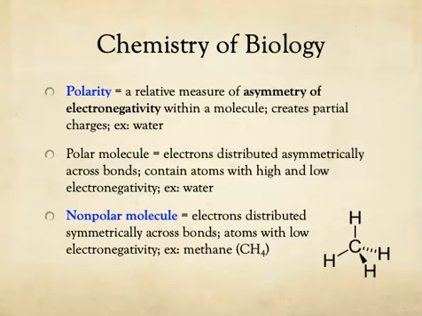Nonpolar molecules are very different. In nonpolar molecules, the pair of electrons that makes up a covalent bond between two atoms is shared symmetrically or evenly because those two atoms in that bond have the same electronegativity. And that means the same low electronegativity that we find in carbon and hydrogen.